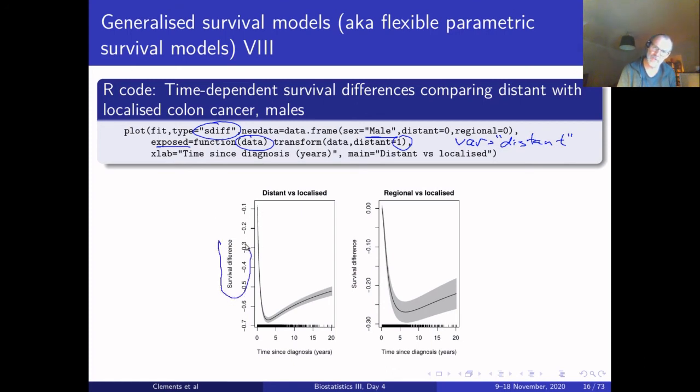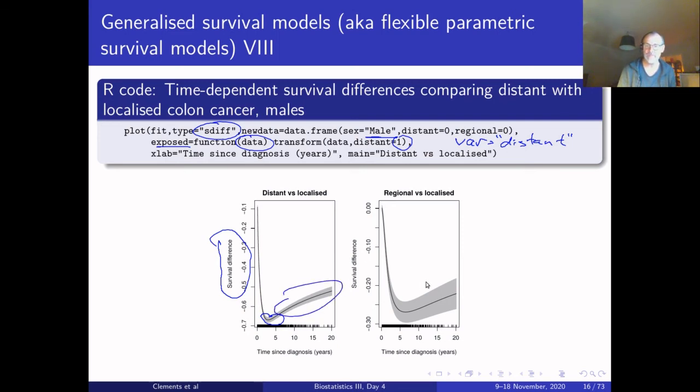This shows the survival differences here, and what we find is that the survival difference peaks here, and then because the hazard for distant drops below 1, this starts to rise here.